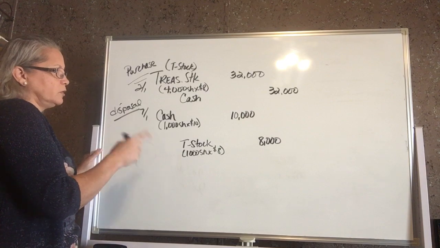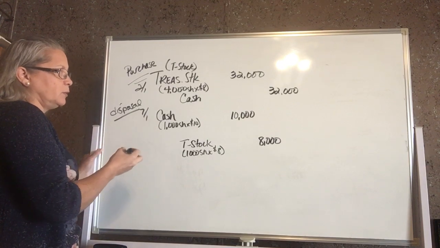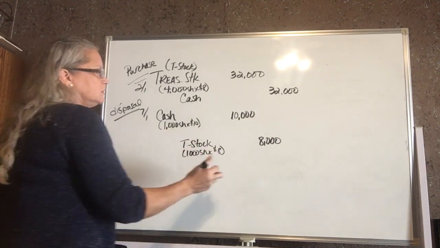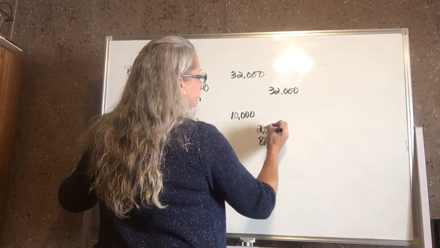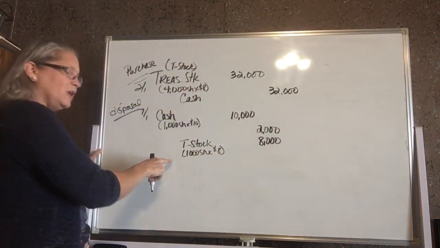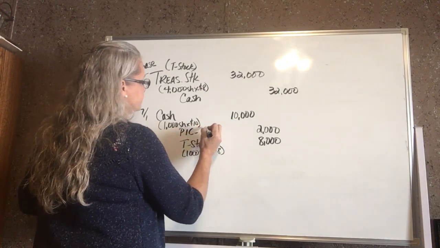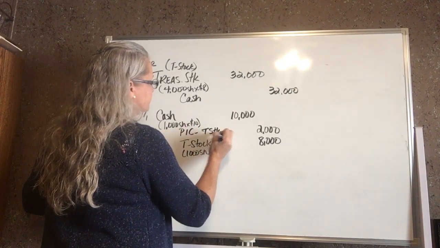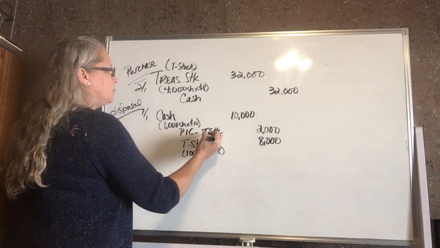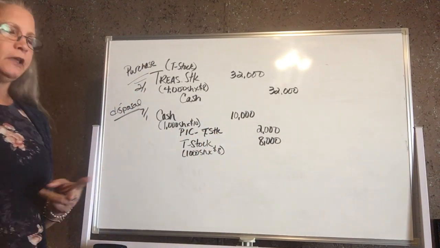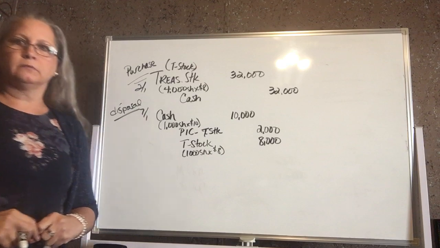So I'm just going to stick it right up in there. The difference between these two is 2,000. And that is paid-in capital from T-stock now. Okay, so you've got paid-in capital on common, on preferred, and now you have paid-in capital on T-stock.